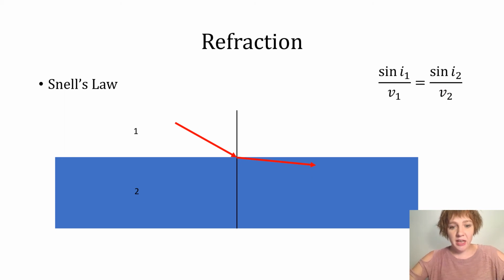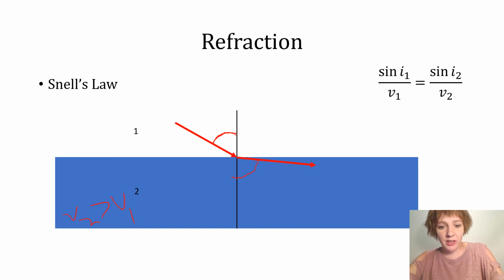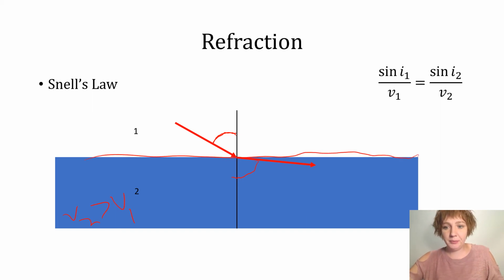And here again, we actually are hitting with a larger incident angle, and that's causing even more bending of the ray. And so again, this V2 is greater than V1, and you can see as this angle is increasing, the refracted ray is getting closer and closer to the boundary here.